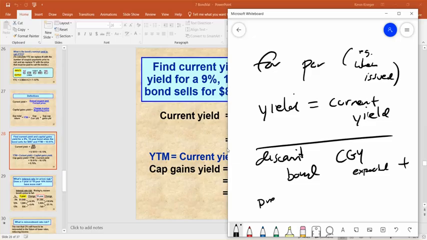With a premium bond, your capital gain yield is expected to be negative. The mathematical reason is that if yields stay the same, then as you approach maturity, the coupon part of the value of a bond becomes relatively less important, and the lump sum becomes relatively more important.